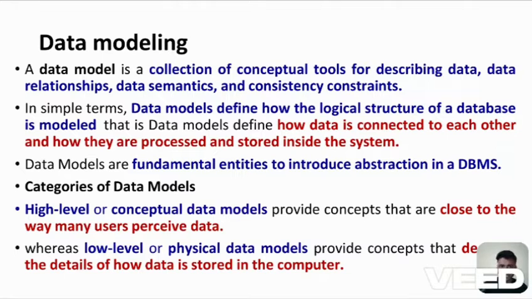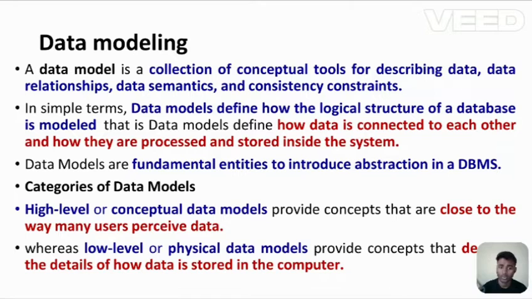We have categories of data models: first is the high level, or conceptual, data model, and then the low level, or physical, data model. The high level provides concepts that are close to the way many users perceive data. It is an easy way of structuring a database so that any user can easily understand the flow of data.